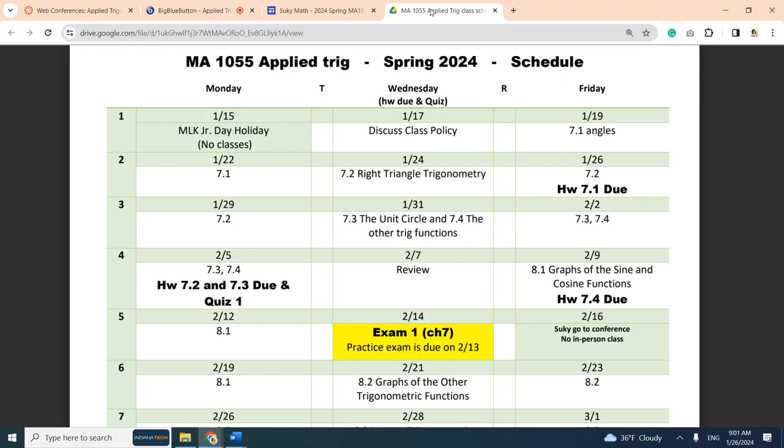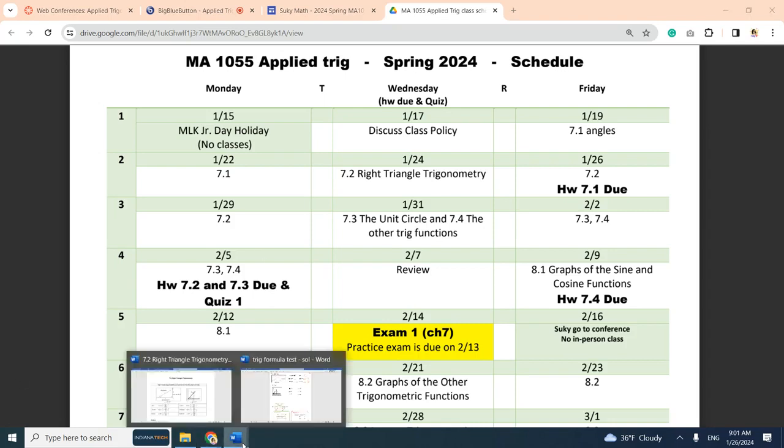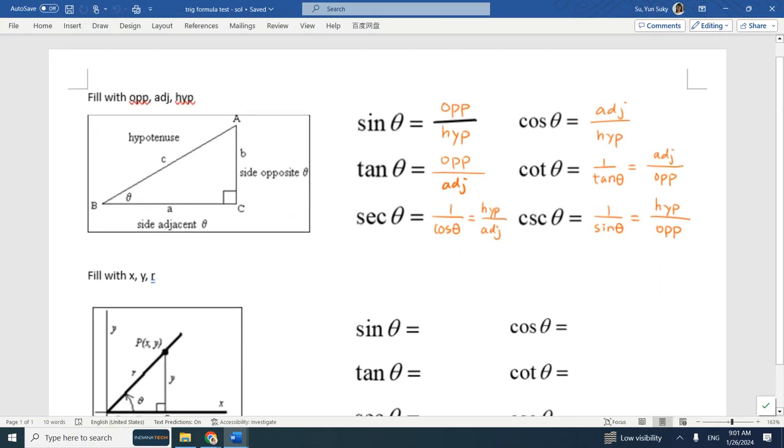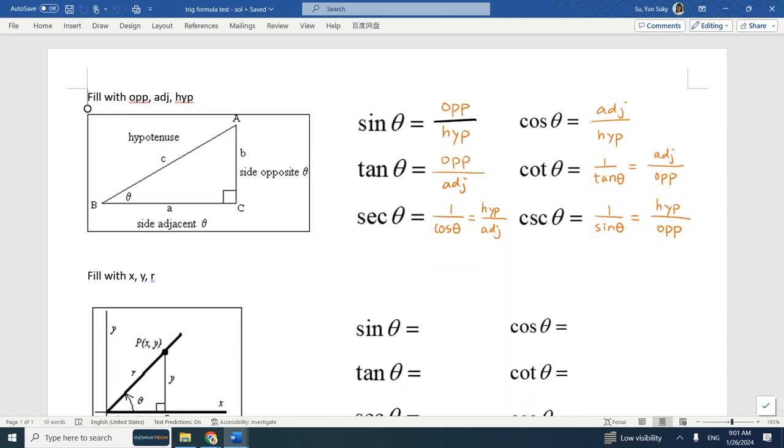Okay, so today we continue on section 7.2. Last time we talked about the six trig functions, right? Do you still remember? So, SOH: sine is opposite over hypotenuse.